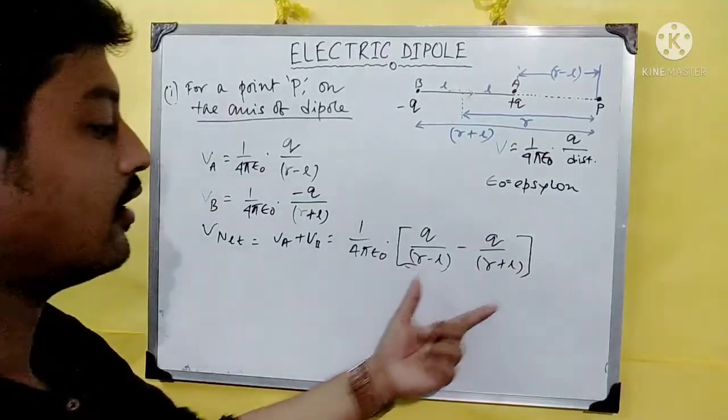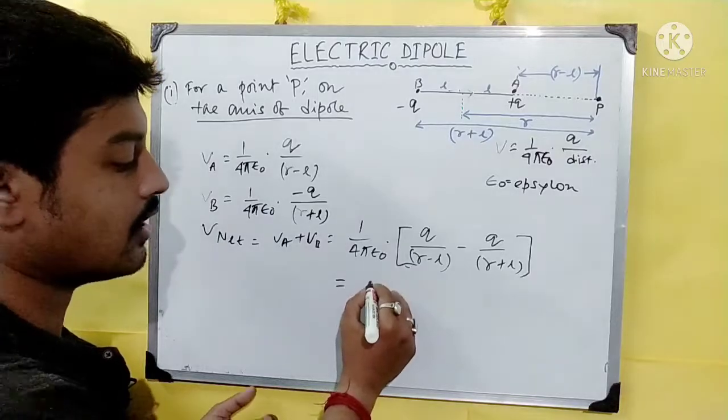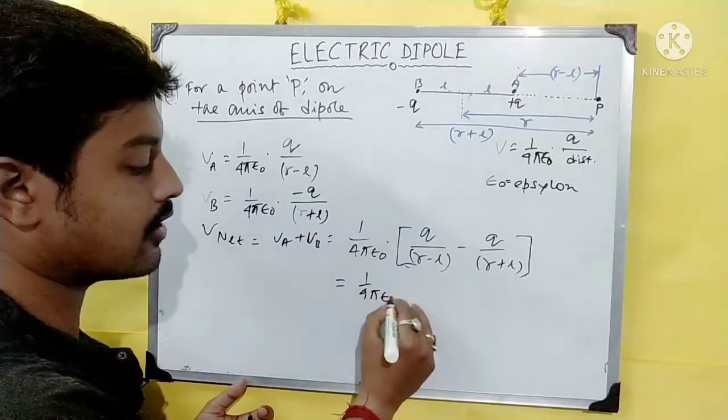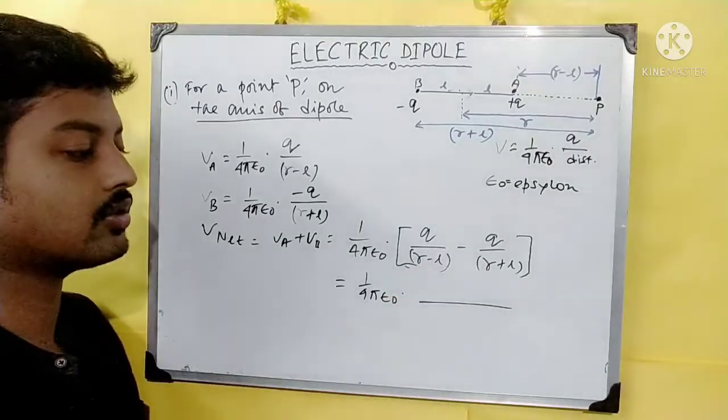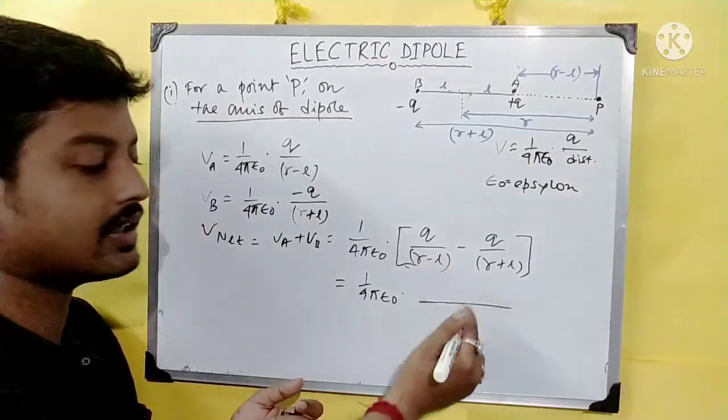So from here we can write 1 by 4 pi epsilon 0, LCM is r minus L into r plus L, so it will become a plus b into a minus b.